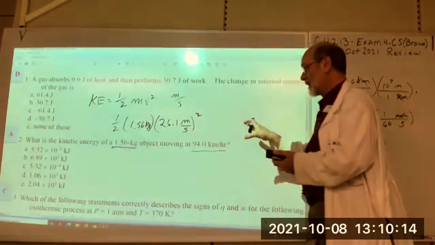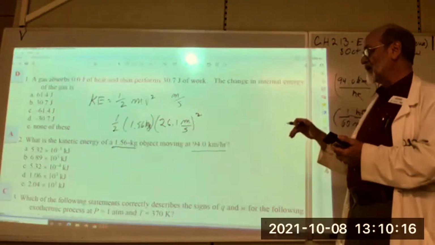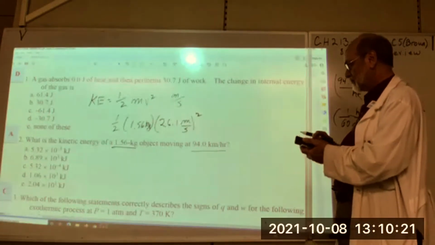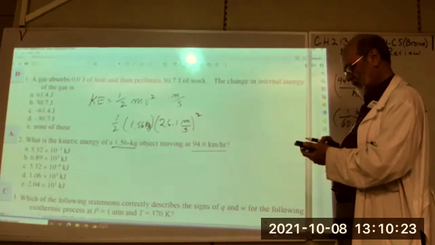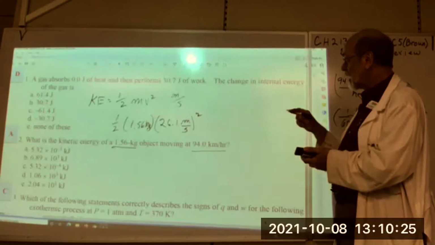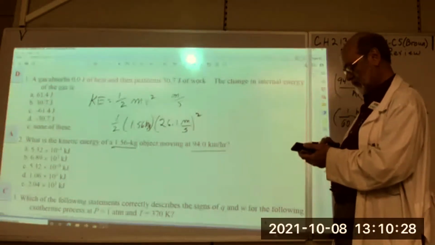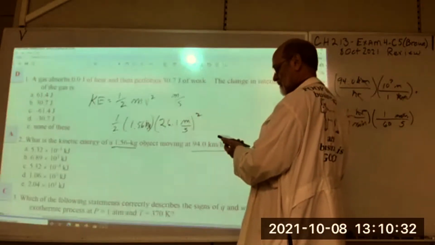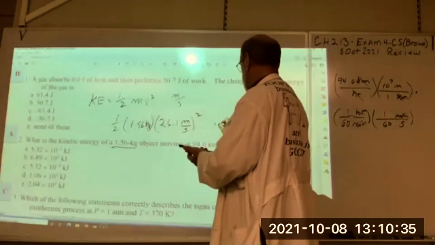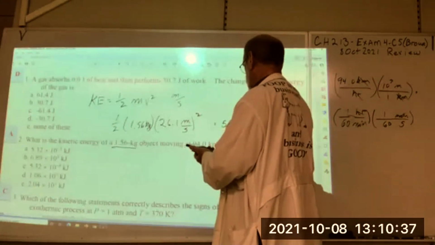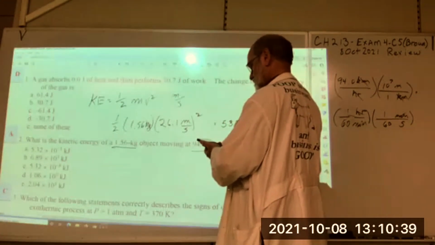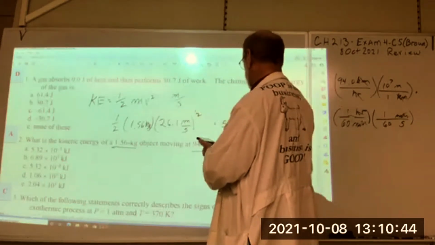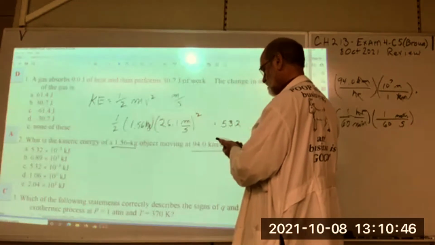We do that calculation, our units will be in joules. I've already got that one in my calculator. Let me just square it, and 1.56 times and divide by 2. So I get 532 joules.